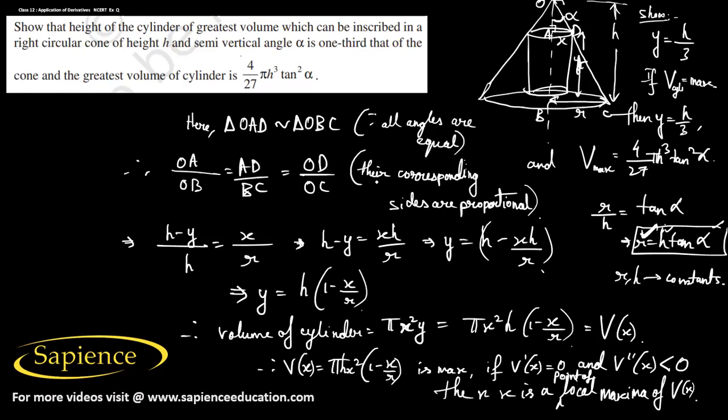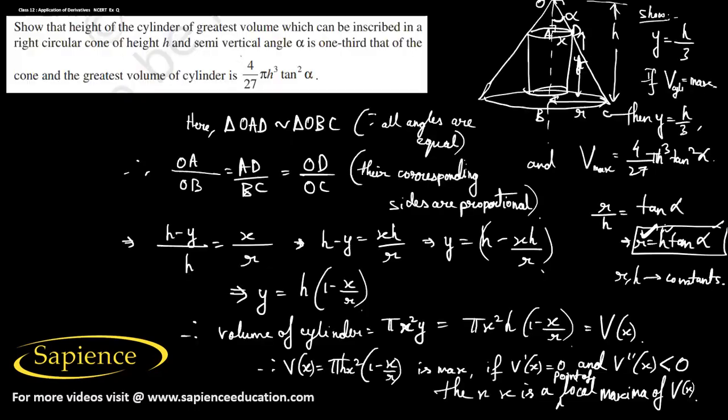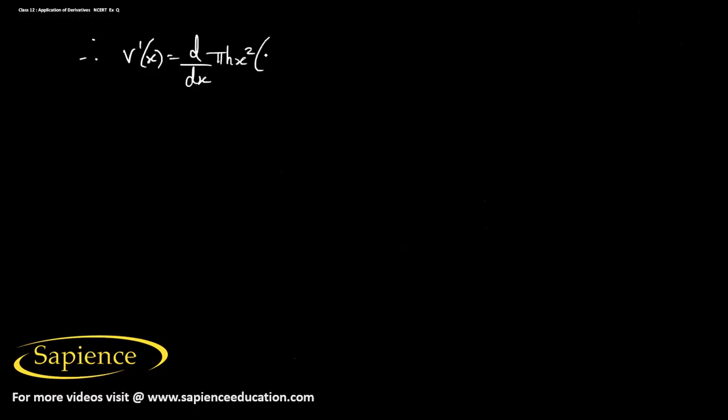Now we have to find v dash x first. V dash x will be equal to d by dx of pi h x square into 1 minus x by r. Pi h is a constant, so it will come outside of the derivative.